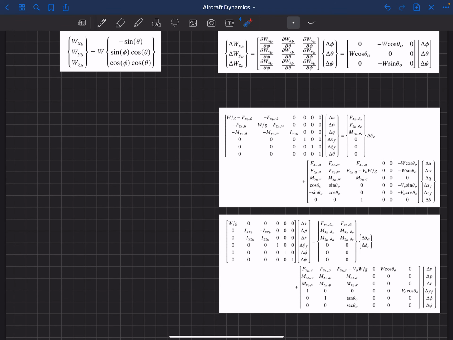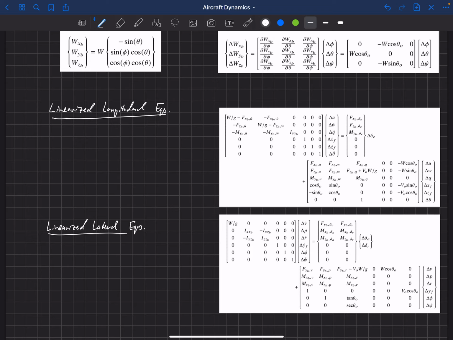The first set here is the linearized longitudinal equations, and these are the linearized lateral equations. Once we do the small disturbance theory, the longitudinal equations can be broken apart from the lateral equations. They're independent of each other. We can solve these 6 equations independent of these 6 equations.